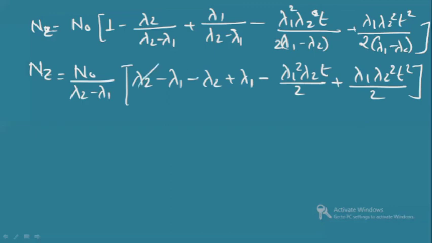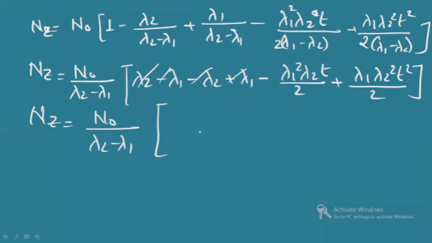Alright, now you see this will get cancelled. And finally here you will have what? Nz is equals to n naught divided by lambda 2 minus lambda 1. And here if you take this 2 within the bracket, if you take the LCM, and if you take common lambda 1, lambda 2, and one more time you can take common t square.